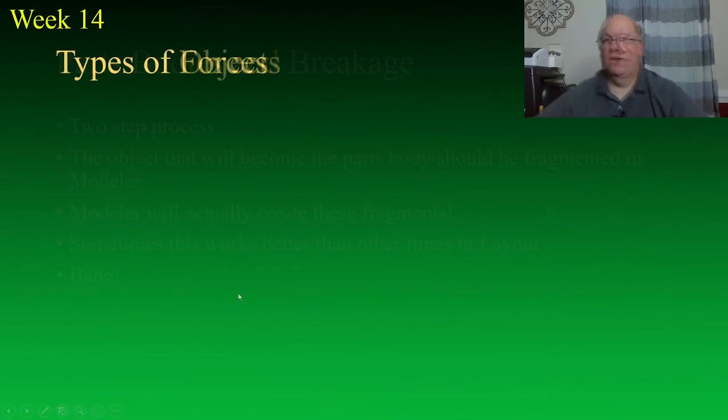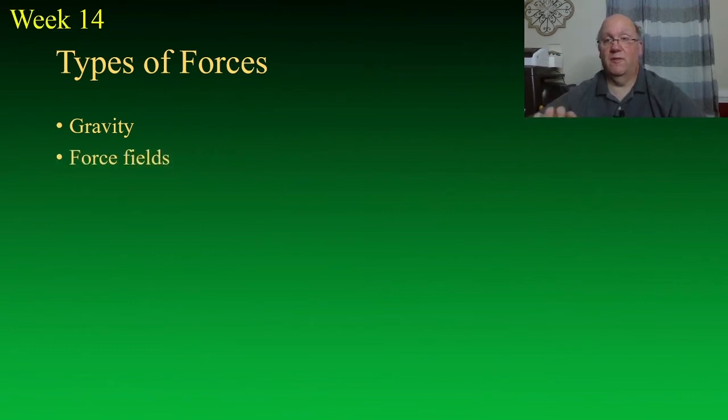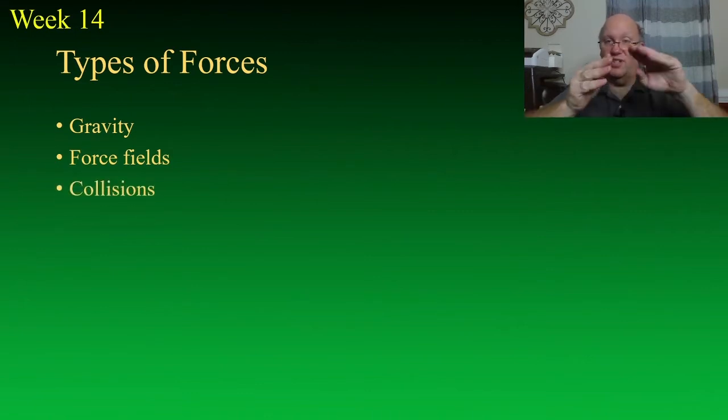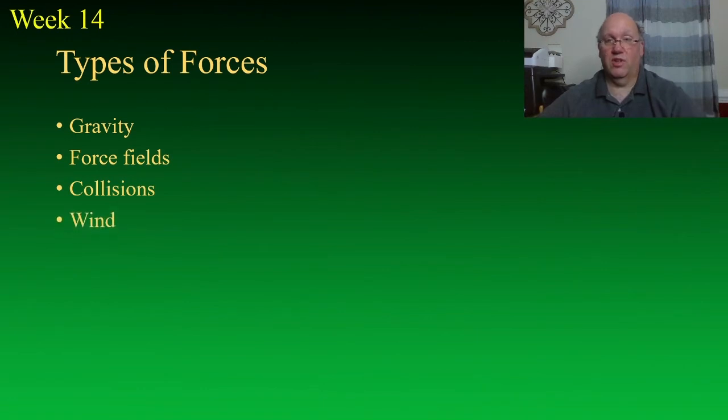Isn't that fun? Now, the types of forces that can act on these objects, we're going to go over these in a little bit of detail today. Gravity is one. That's the one that you can always depend on. It's always there somewhere. A force field, which can become just about anything. Collisions, where an object hits another object, and that we've already really talked about.